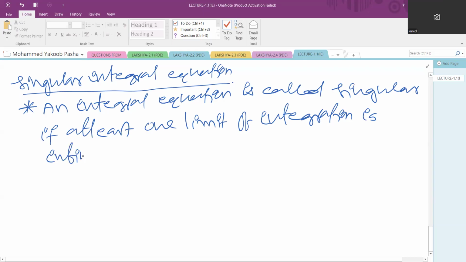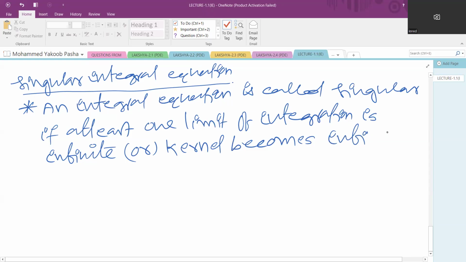At least one limit of integration is infinite, or in other words, the kernel becomes infinite under the integral sign.